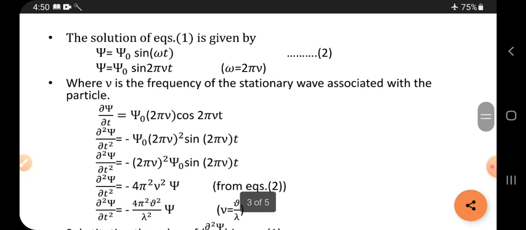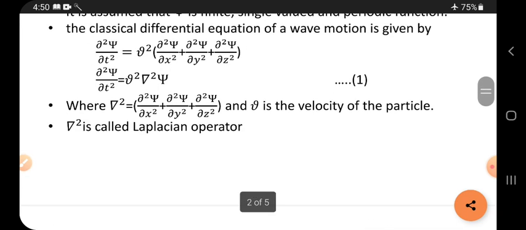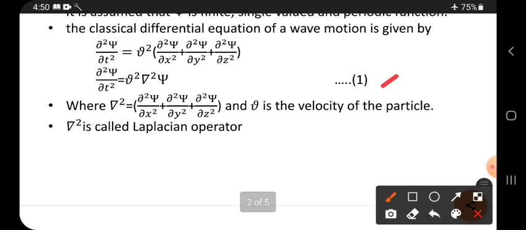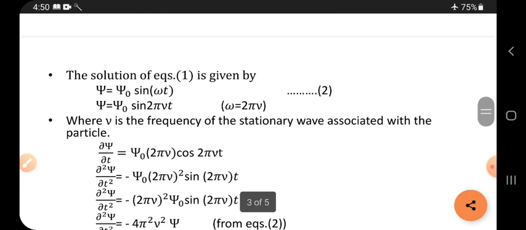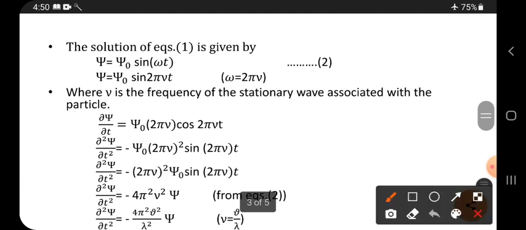the solution. See, this is equation 1. It is a second order differential equation, so it has a solution. The solution of equation 1 is given in terms of psi only. Psi, as I just told you, is a displacement.